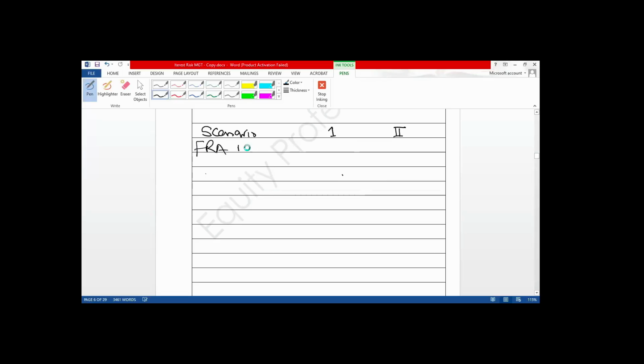Let us start with the FRA rates. Our FRA rates, 5.94%, 5.94%. Actual borrowing rates, 6.5%, 4.5%.